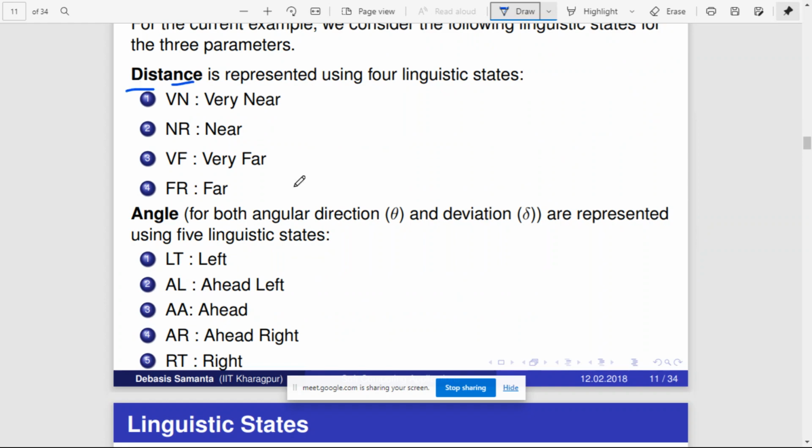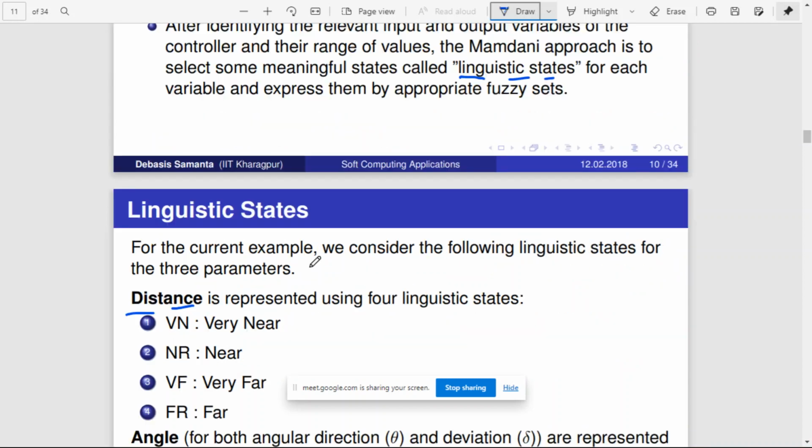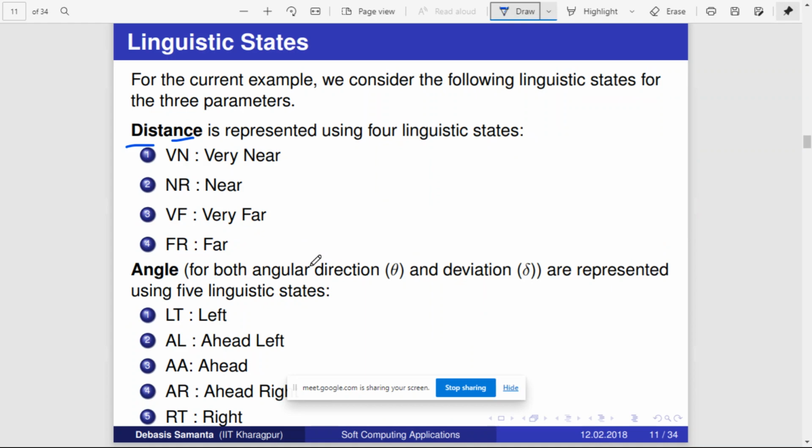These are the actual distances available, 0.1 to 2.2 meters, and these are the actual angles possible, the angle of motion of an object with respect to the robot. But again, Mamdani's model expects that these should be represented in linguistic notation.